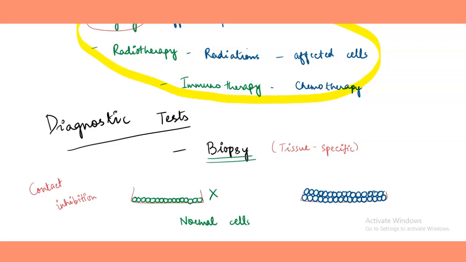So here you can see that the cells are continuously dividing, and getting touched with each other is not stopping their division process. These types of cells that make a heap of cells in the culture, because they are not at all following contact inhibition, are known as cancerous cells. So cells are grown for a couple of days, and then when reports come, they define whether the person is suffering from cancer or not.